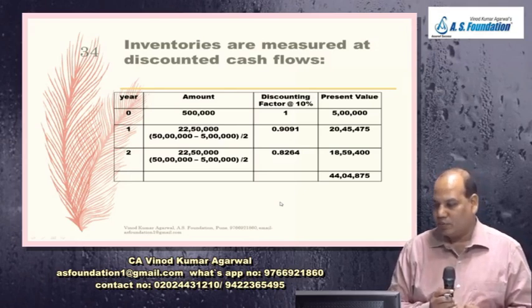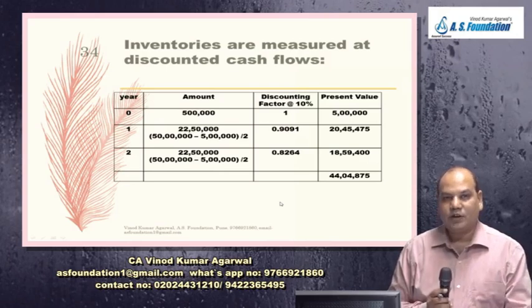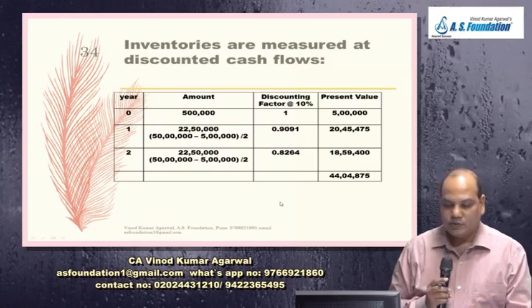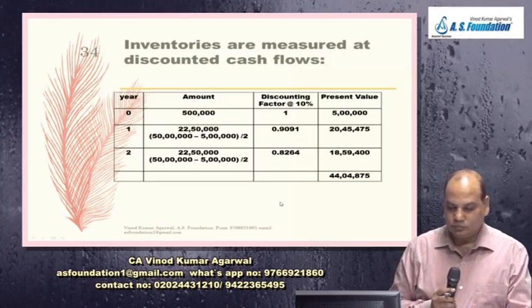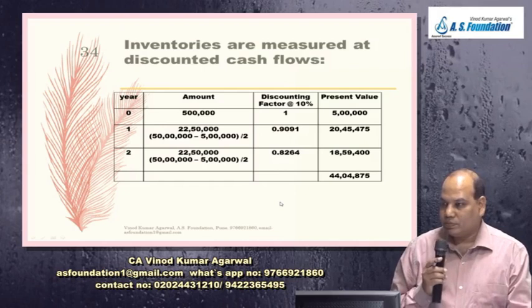So I have drawn a small table for better understanding. Year, amount, discounting factor at 10%, present value.